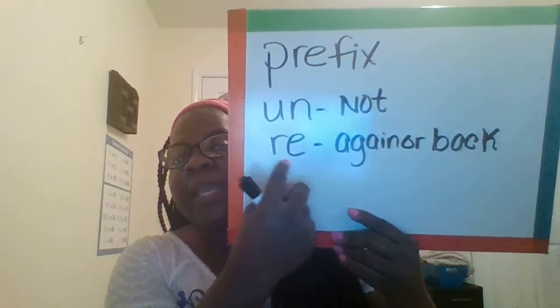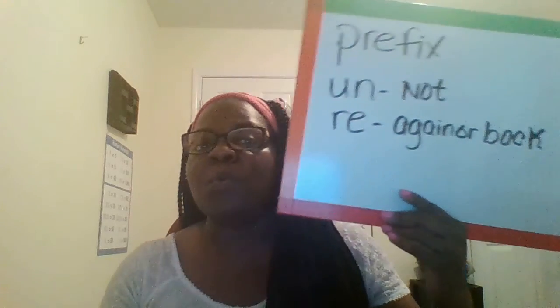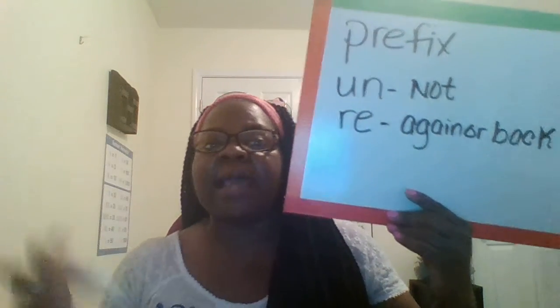Whenever you see re in front of a root word, it means again, like to do something again, or it means back, like rewind. Rewind the movie means to go backwards. So if I said return to your seats, that means you need to what?